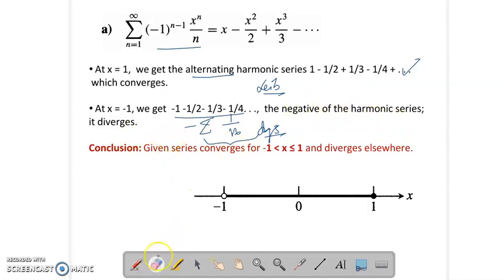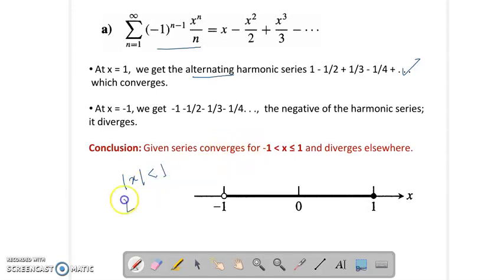Right? So we can conclude that the series converges for mod of x less than 1 and at x equal to 1. So this is the interval in which the given series converges: minus 1 is less than x is less than or equal to 1. Right? So 1 is included in the interval of convergence and minus 1 is excluded.